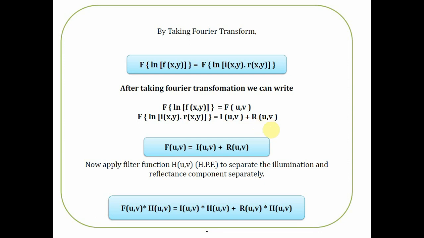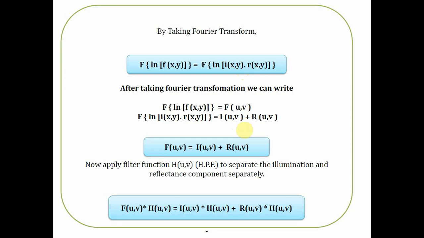The important point to be noted here is that the multiplication in the logarithm gives an addition in the Fourier transform. So the Fourier transform of the logarithmic function of I of xy multiplied by that of r of xy will give you the addition in the Fourier transform, I of uv plus r of uv.